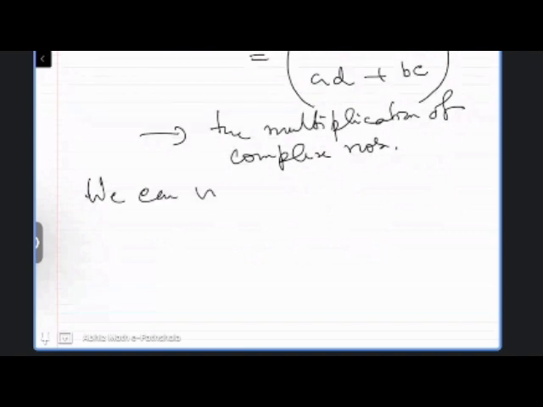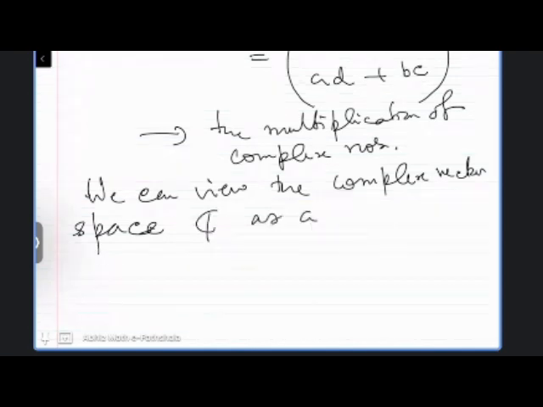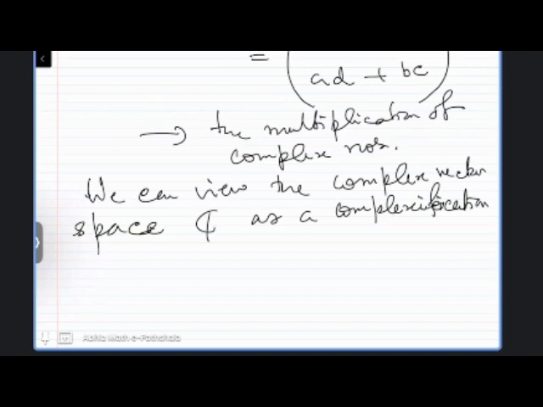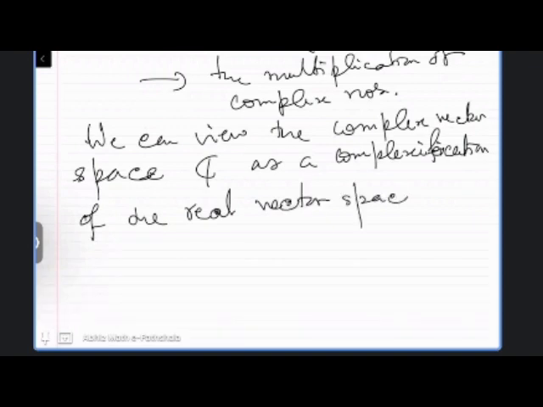So we can view the complex vector space C as a complexification of the real vector space R, right?